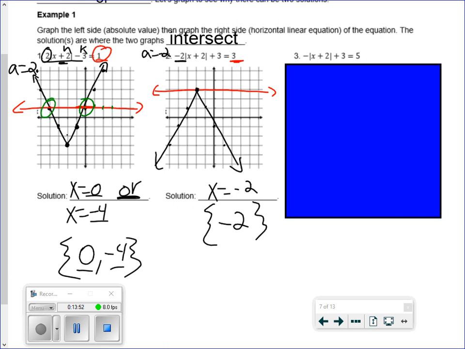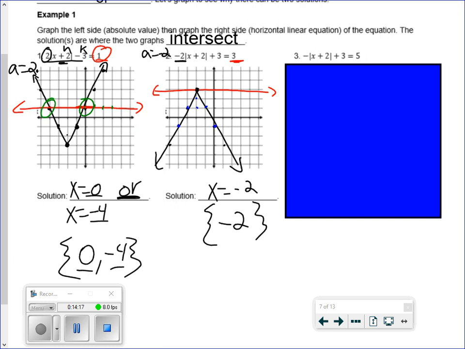Because if your a is negative, you vertically reflect it, or in other words, you're opening down. So instead of going up and right and up and left, we're going down and left, down and right. So from the vertex, we go down 2, left 1, down 2, right 1, and then you just keep doing the same thing all the way down. If it's negative, you're just opening down.